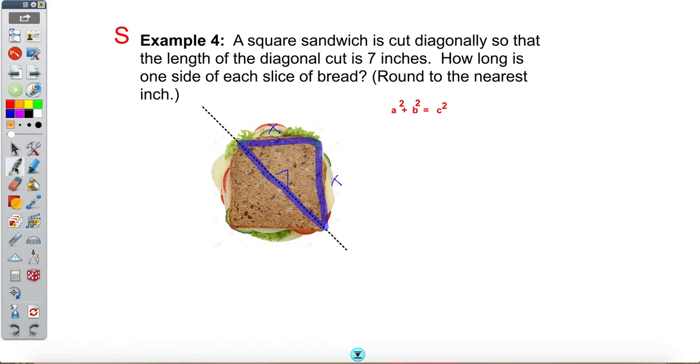Because in this example, we only know that C is 7. We don't know what A or B is. We just know that they are the same size because it is a square, and we know that squares have sides of the same size.